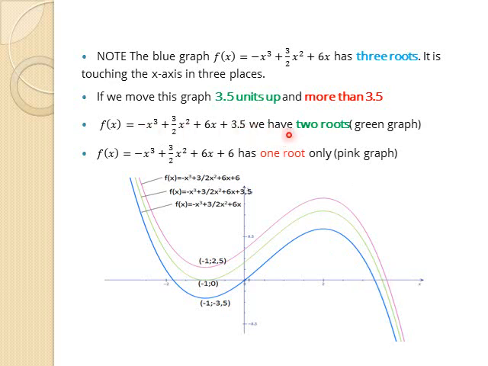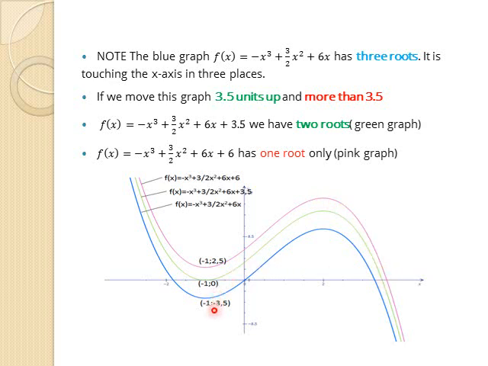So if we plus 3,5, we have 2 roots. If we go bigger than 3,5, say 6, the graph goes above the x-axis, so it doesn't make contact with the x-axis in two places and only makes contact in one place. So that's the concept, this y-intercept.